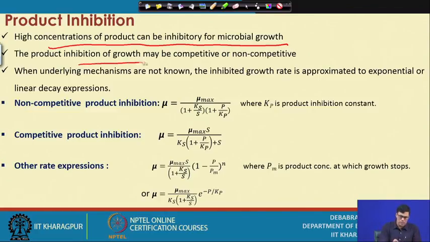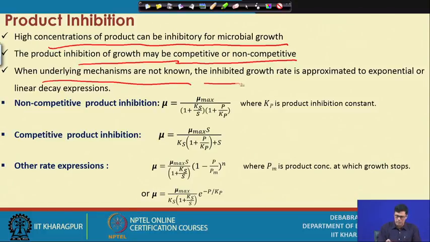The product inhibition of growth may be competitive or non-competitive, and when the underlying mechanisms are known, the inhibited growth rate is approximated by exponential and linear decay expressions. So we can have three different types.